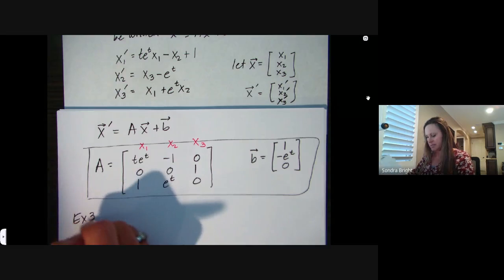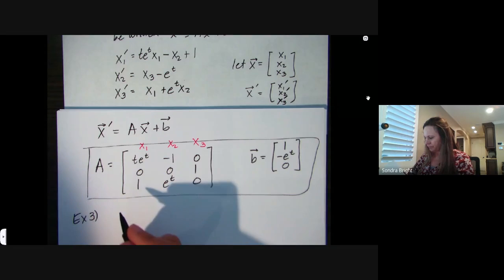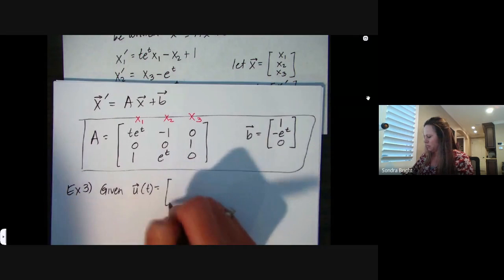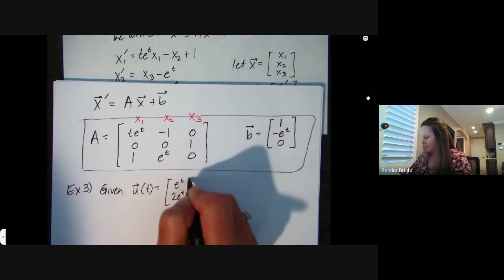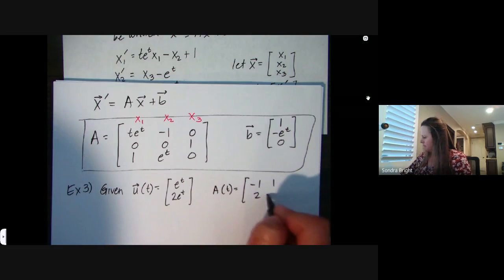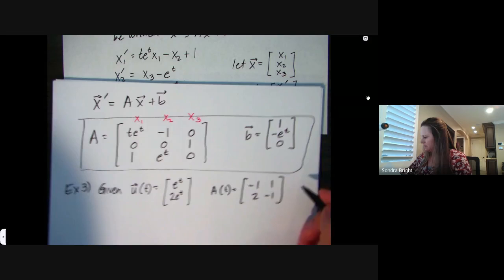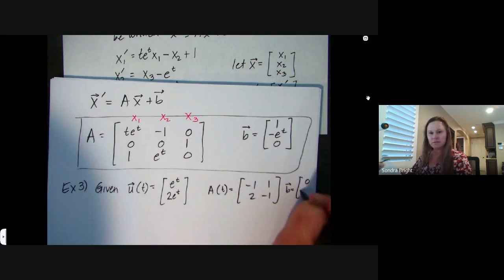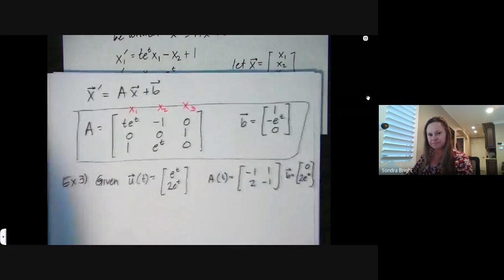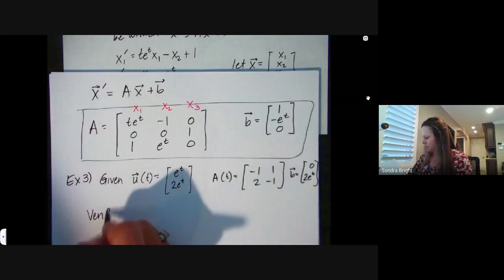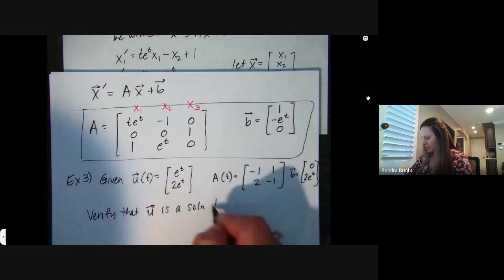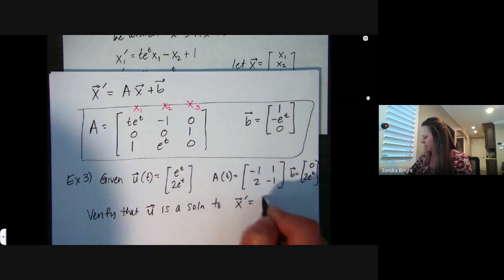It says, given that U is e to the t and 2e to the t, that A is -1, 1, 2, -1, and that B is 0 and 2e to the t, we want to verify that U is a solution to x prime equals Ax plus b.